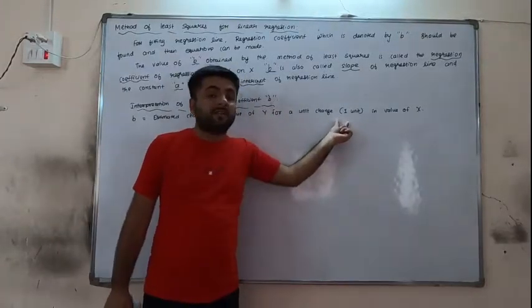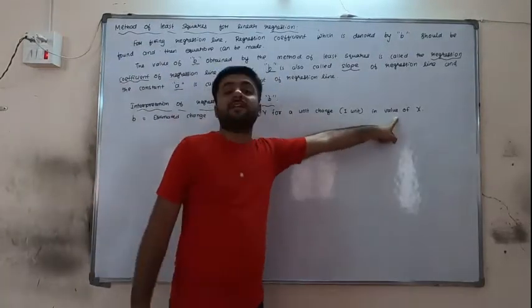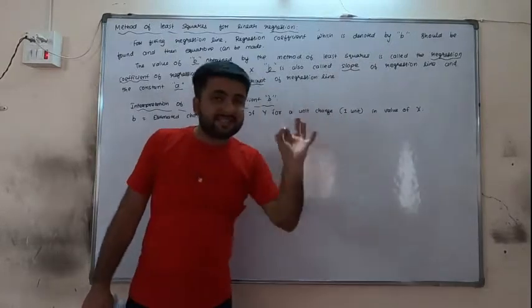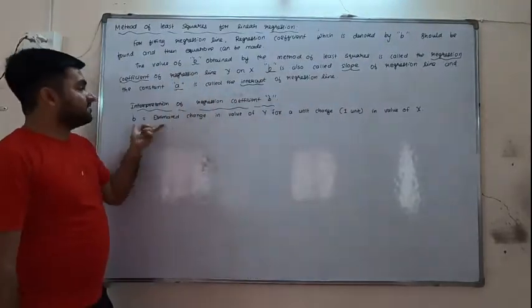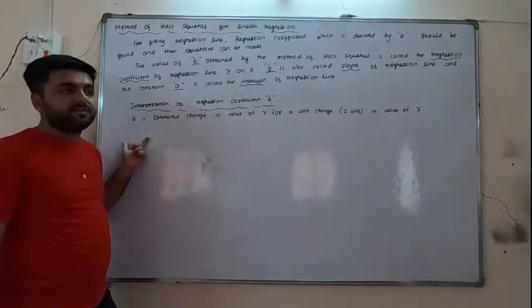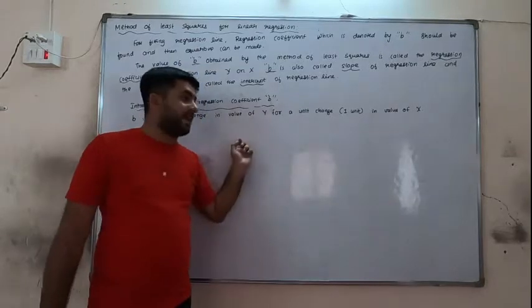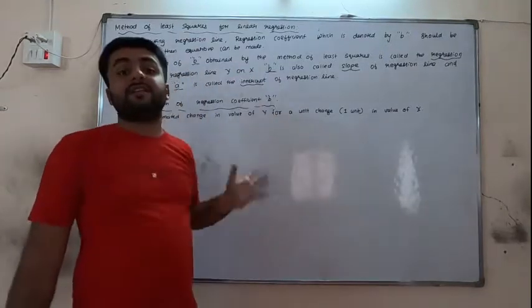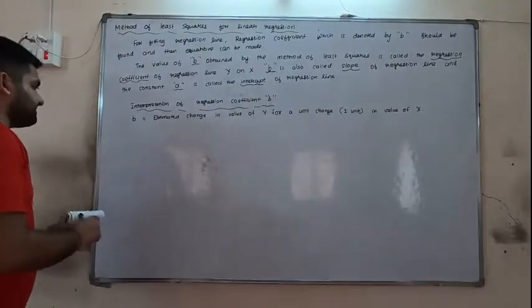The words '1 unit' are not written in the book, but we can understand it from the sentence 'for a unit change in value of x'. So if x is changing 1 unit, y is changing b units. So if b is equal to 5, then 5 units are changing in y for 1 unit change in x.